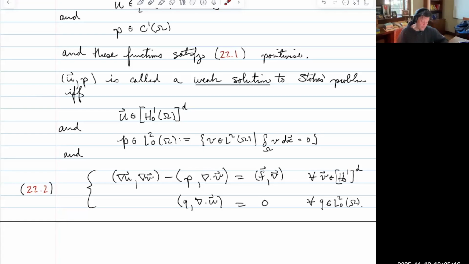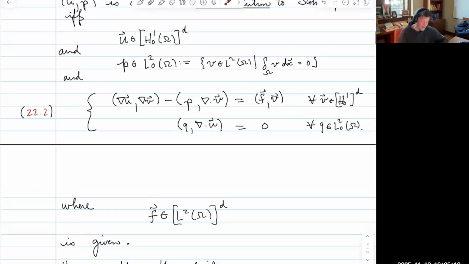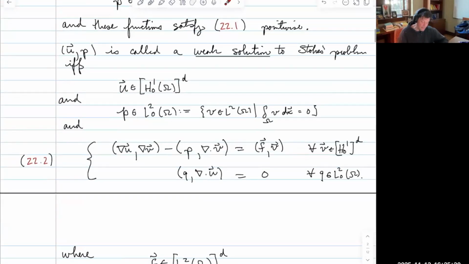In any case, what we do is multiply by that test function v and integrate by parts. We throw one of those derivatives from the Laplacian onto the v, and this p originally had a gradient. We're going to throw that over to the v, and when it goes over to the v function, it becomes a divergence, of course.